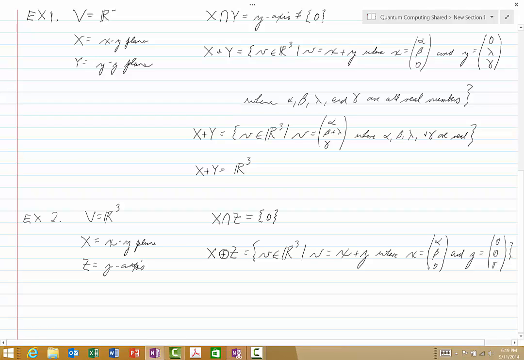And of course, what we can say, since X is the xy plane, then an arbitrary vector in X could be written as alpha, beta, 0, and since Z is the z-axis, an arbitrary vector there could be written as 0, 0, sigma. And of course, this then could be rewritten like this.